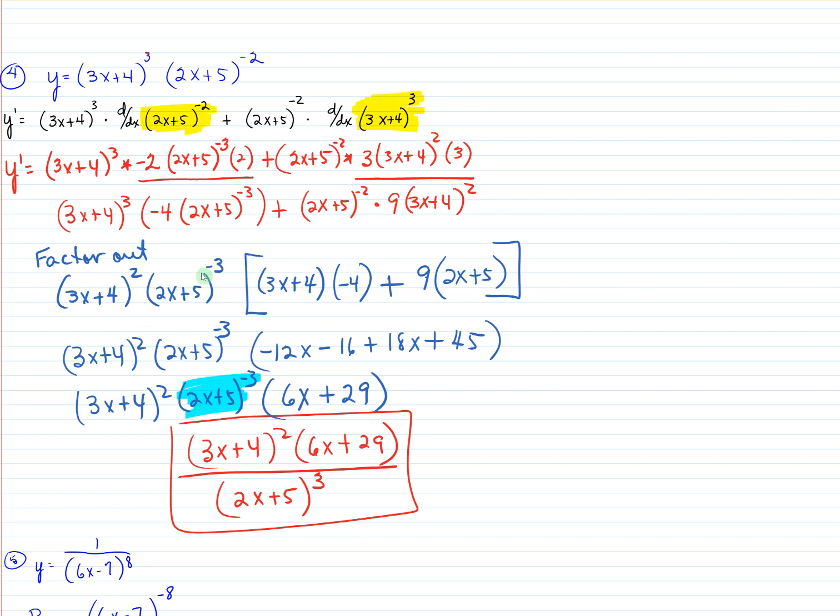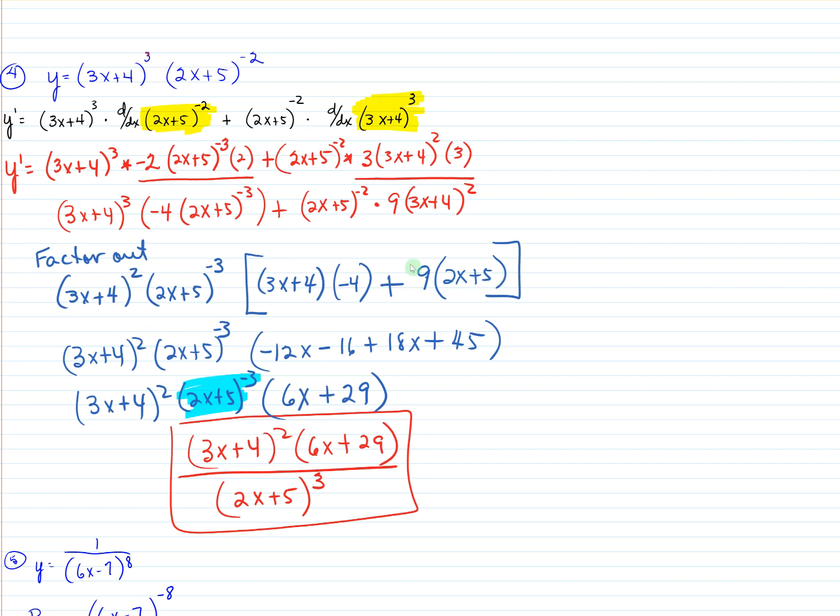Over on the second one, when I pull out a 2x plus 5 to the negative 3, when you're dividing that out, you want to think that you subtract the exponents. So negative 2 minus a negative 3 becomes negative 2 plus 3. So you end up with a 2x plus 5 to the first.